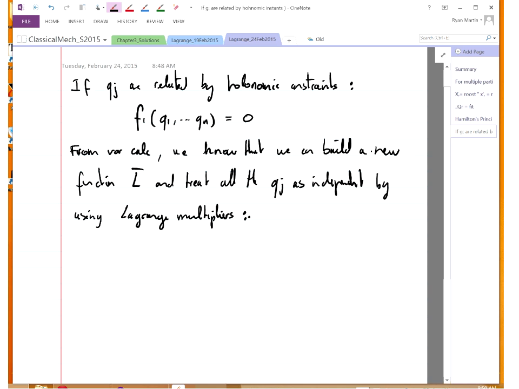So this function L bar, remember, we can define it to be L minus lambda 1 f1 minus lambda 2 f2, etc., if we have more than one constraint.